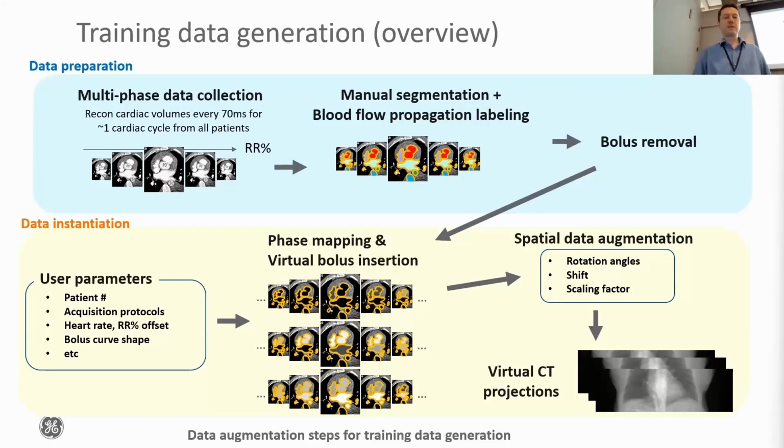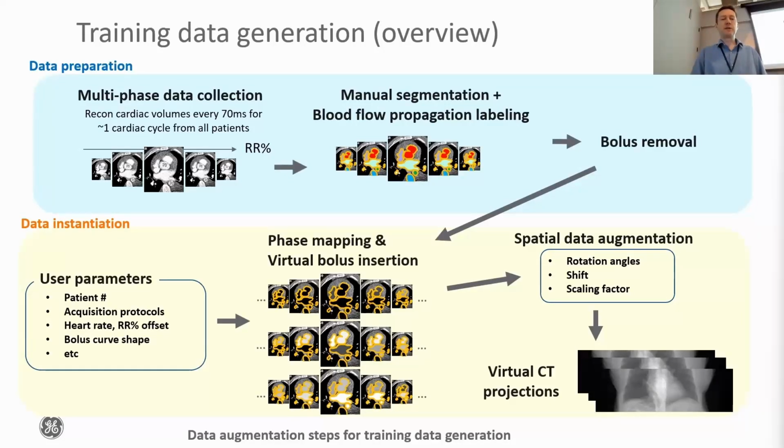And then for each of these phases, for each patient, we need a segmentation of some of the major structures. So for example, the 4 chambers of the heart, ascending and descending aorta, the pulmonaries. And we segment those objects, and we also label within each object a blood flow propagation labeling that gradually increases along the direction of blood flow.